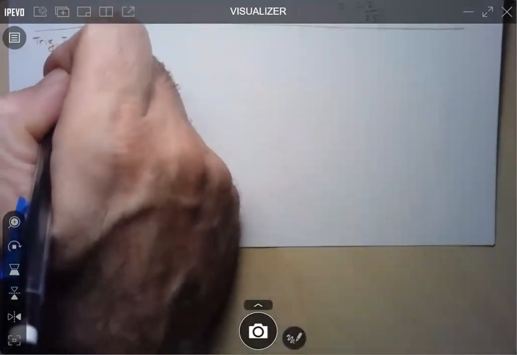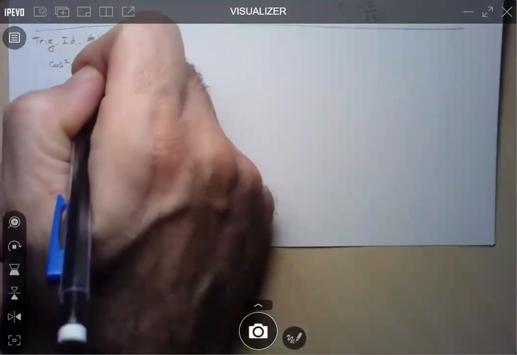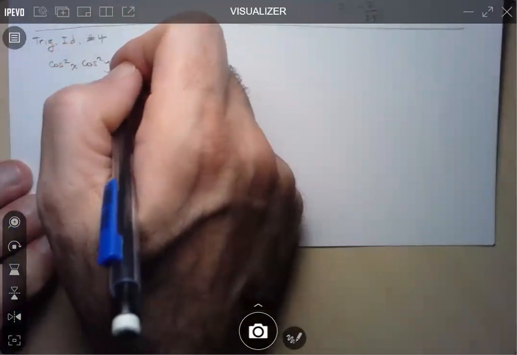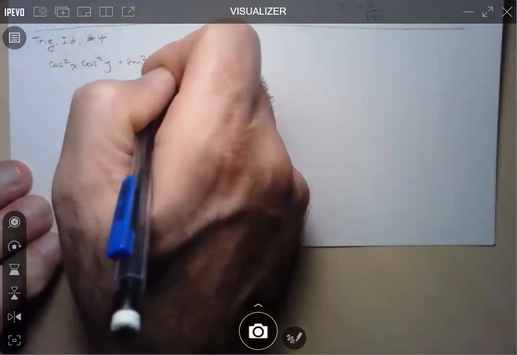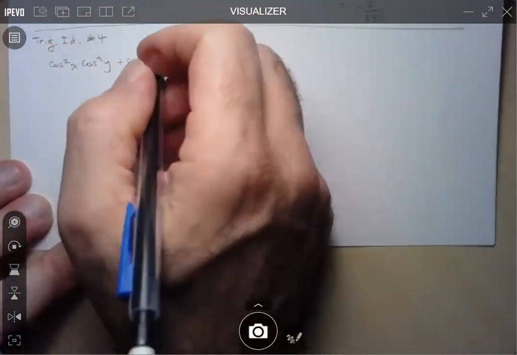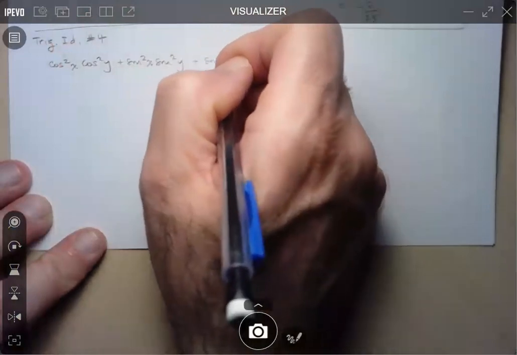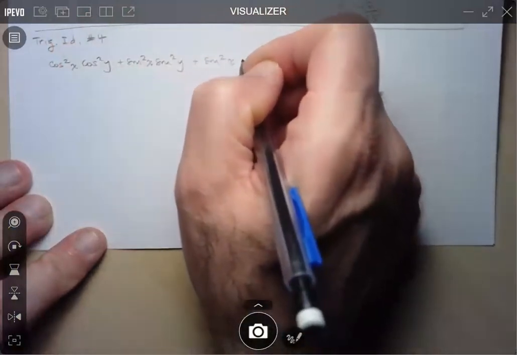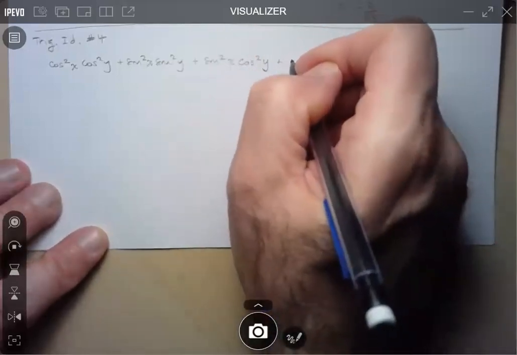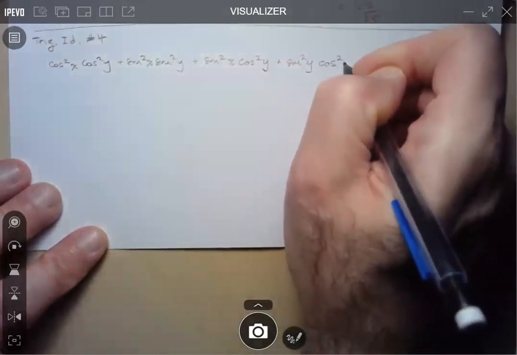So cos squared x cos squared y plus sine squared x sine squared y plus sine squared x cos squared y plus sine squared y cos squared x.